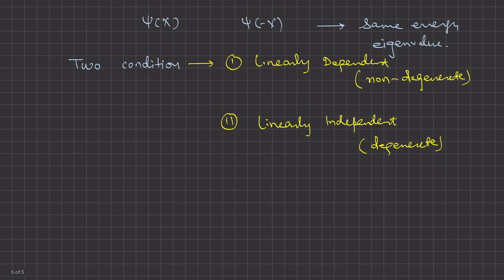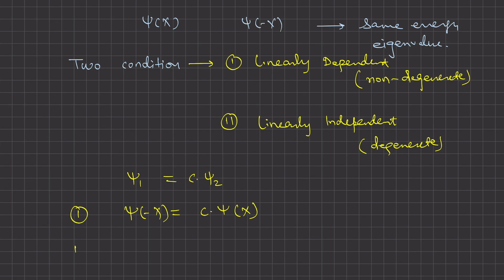And if the case is linearly dependent, we know that you can write psi 1 as c times psi 2. So let's assume that psi of minus x is equal to c times psi of x. This is what we can write, because we are taking one wave function psi of minus x as psi 1 and psi of x as psi 2. This is the first case.